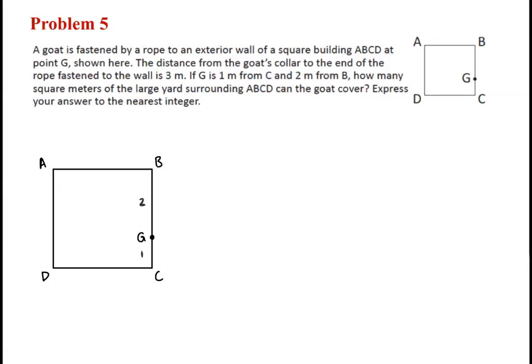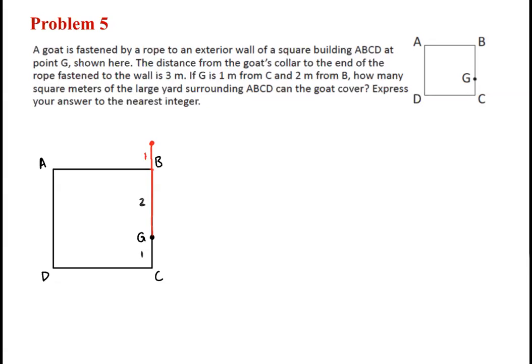Okay, so first of all, let's draw the rope. So the rope is 3 meters long. So from point B to the goat, this little section is 1 meter.